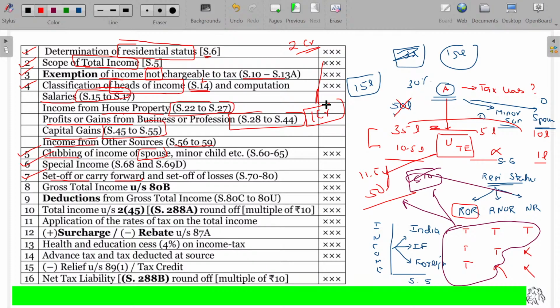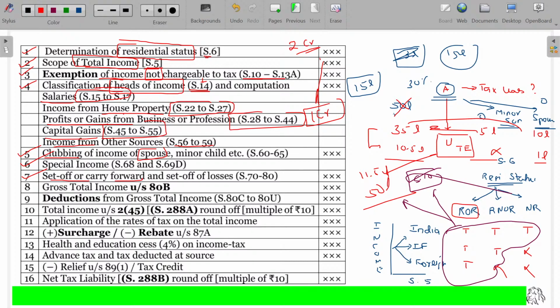"Sir, no problem. I will calculate. That entire 1 crore is your taxable income. Okay, I will be ready to pay the tax. So, what's the tax rate?" 30%? No. The regular tax rate may be 30%, but the assessing officer came, searched and found that you have spent so much money, so the tax rate is slightly higher.